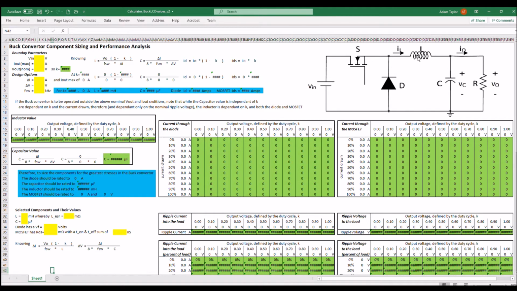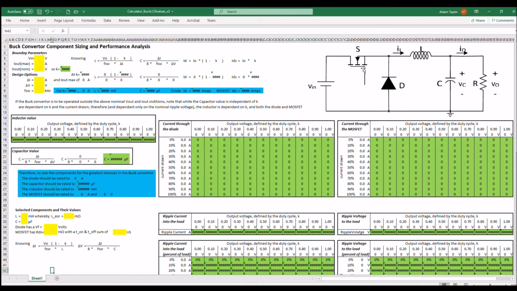They have an equivalent series resistance, so we want that to be as low as possible as well, so that we're not dissipating too much heat from conduction losses in the MOSFET or I squared R losses through the inductor. The other thing, of course, is the switching times to turn the MOSFET on. We want it to turn on and turn off as fast as possible, as that will reduce the switching losses.